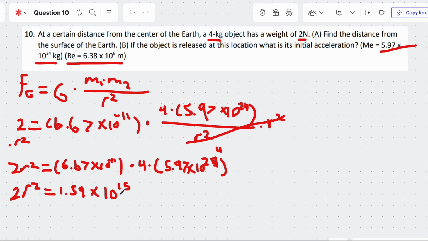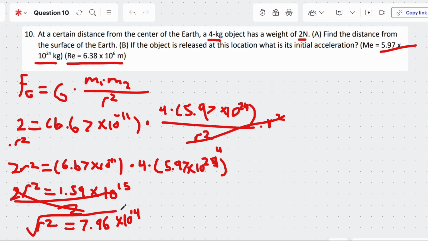Awesome. All right, now we need to get that r all by itself. So let's divide each side by 2. That'll cancel out. Be left with r squared equals, so that previous number we just had divided by 2 should give us 7.96 times 10 to the 14th.